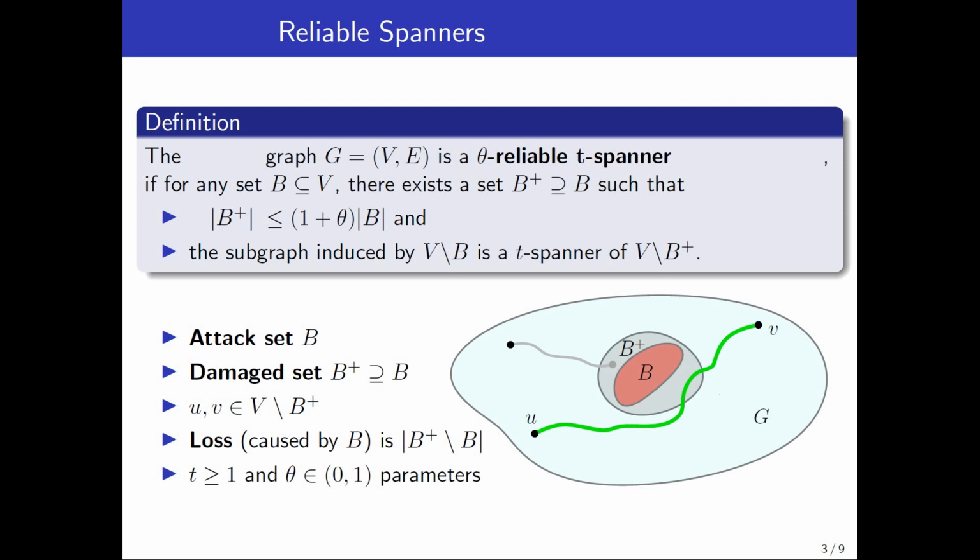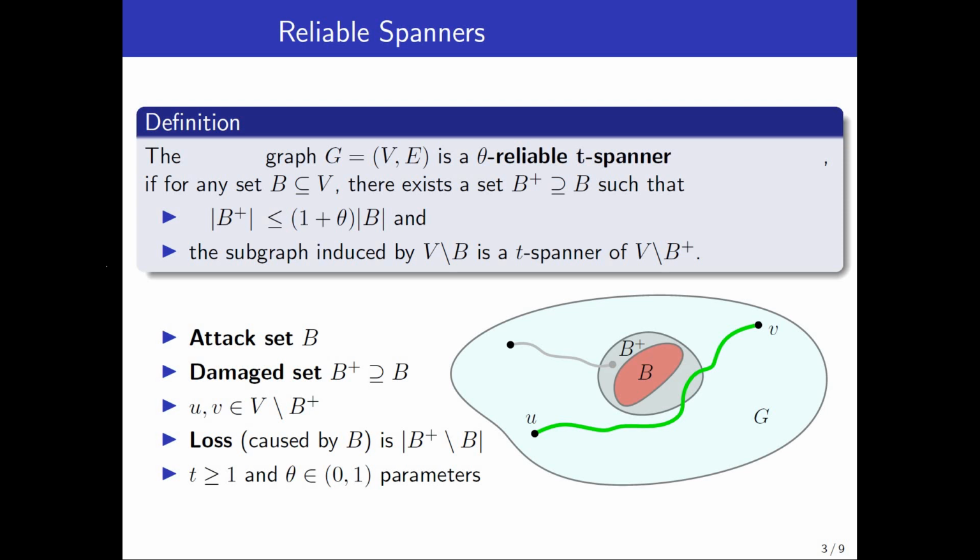So, a reliable spanner has the property that for any failure set there exists a damage set such that the size of the damage set is very small. It is bounded by 1 plus theta times the size of the failure set, where theta is some constant parameter between 0 and 1. And the residual graph has a t-path between all pairs of points that are outside of the damage set.